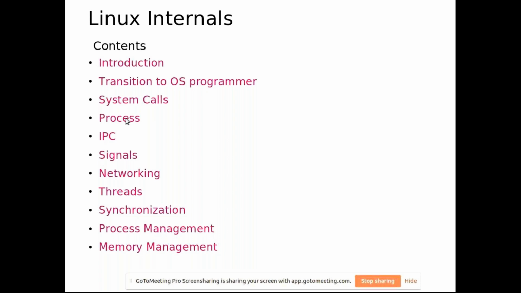Then we have processes, then the IPC mechanisms that we use in Linux, then signals, then the networking aspect of Linux, then threads, then synchronization, then process management, how the kernel handles processes, and memory management.